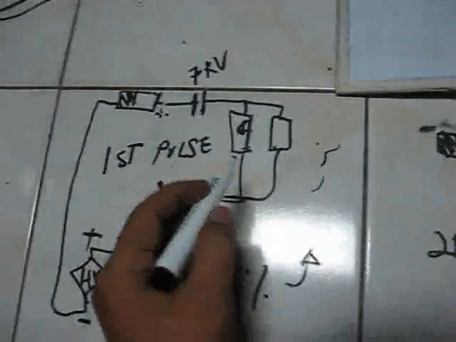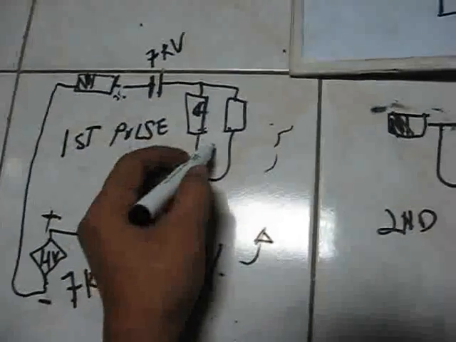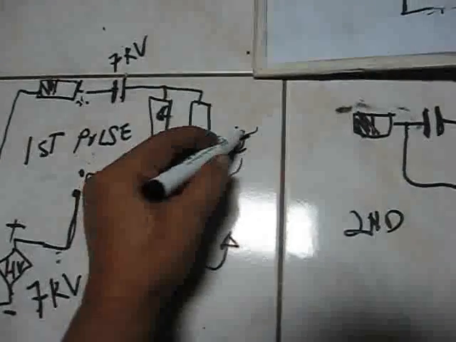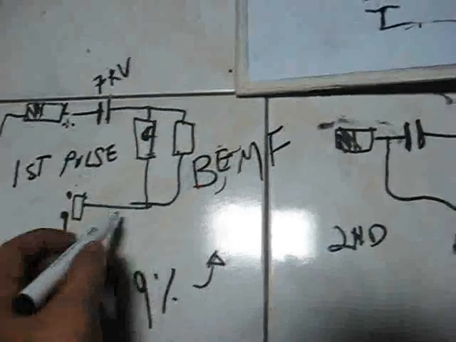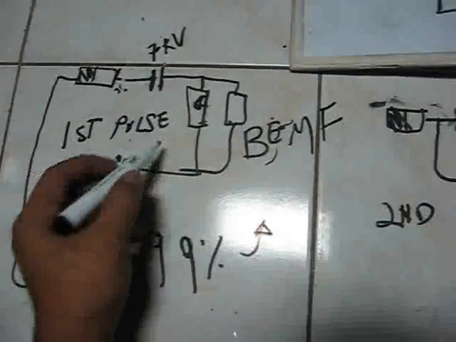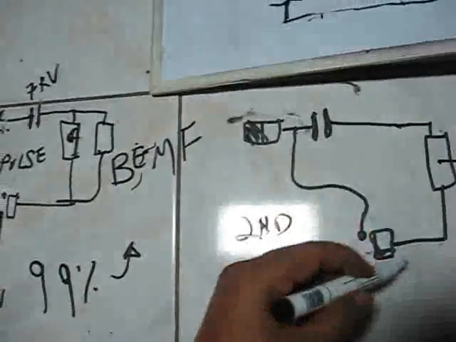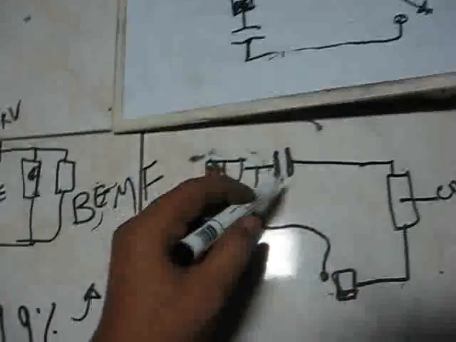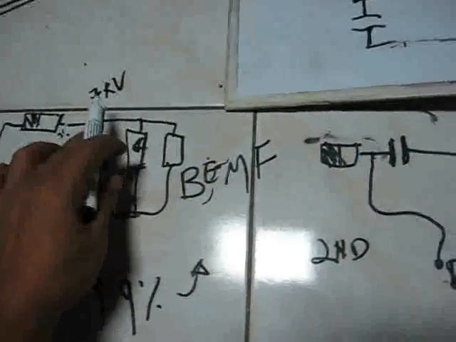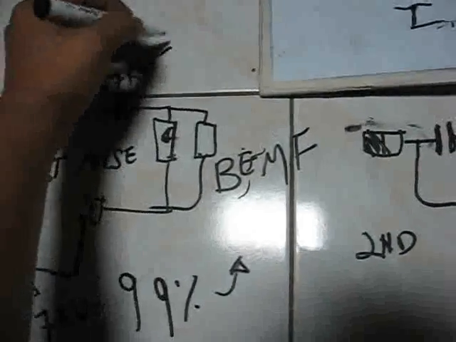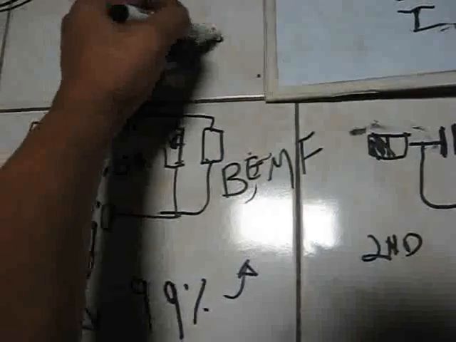But after that, you can collect the high voltage, because this one will have a back EMF. Now we're talking about the back EMF, enough to charge this capacitor at 7 kilovolts, and maybe more, I think maybe it will go to 15 kV.